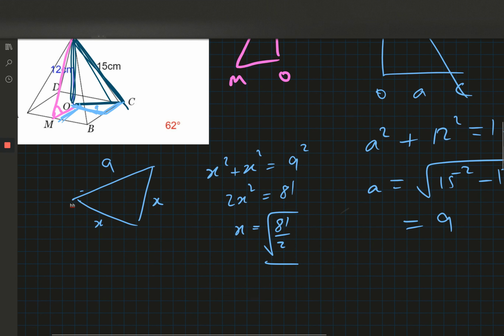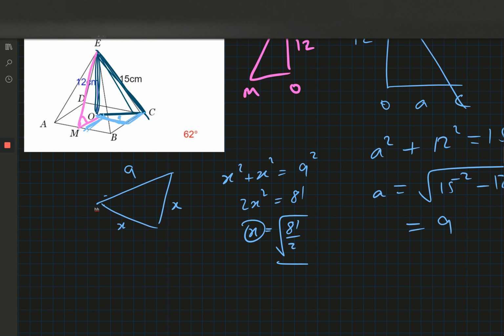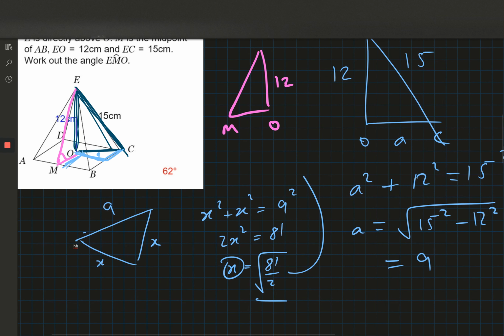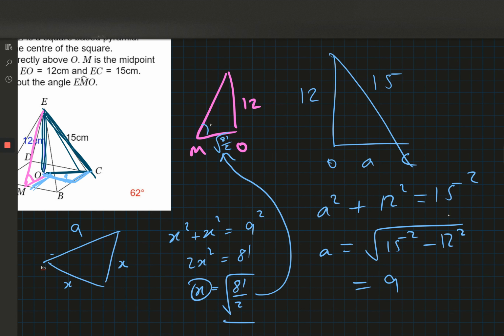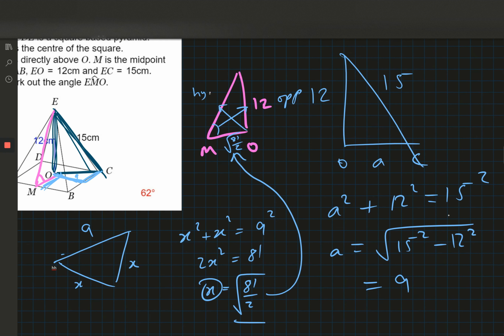Now, if we know that that's our length of x, we can now apply that length to MO because that is that length there. So root 81 over 2. And then you just use trigonometry. So you have opposite. We're not interested in the hypotenuse, but we just label it. And then this is the adjacent.